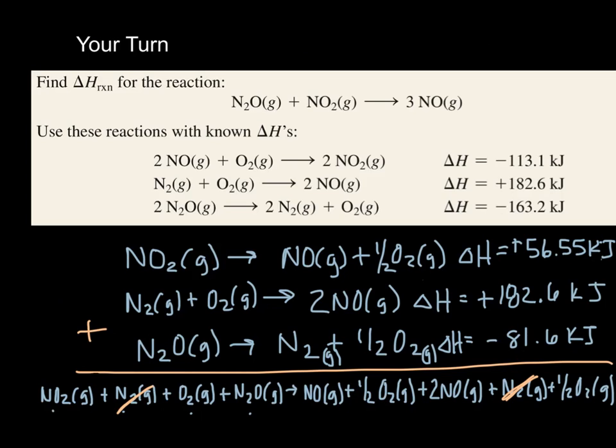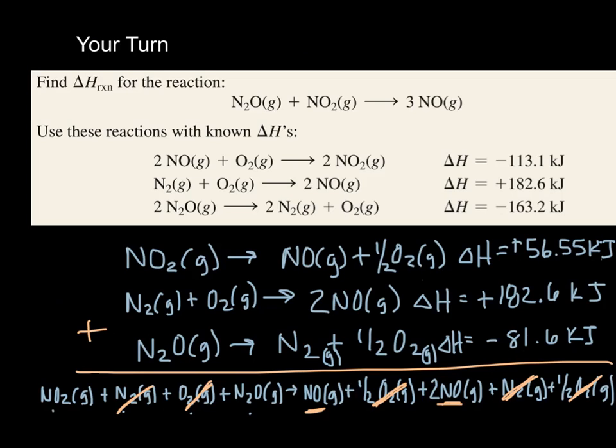So that can get canceled out. I have one oxygen gas in the reactant side, and I have 2 halves of oxygen gas, so that's a whole, in the product side, and I should have 3 nitrogen monoxides right there.